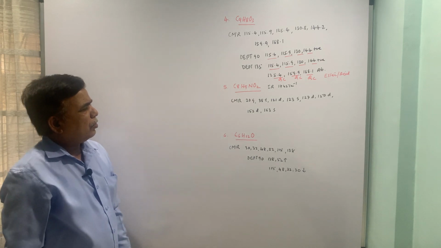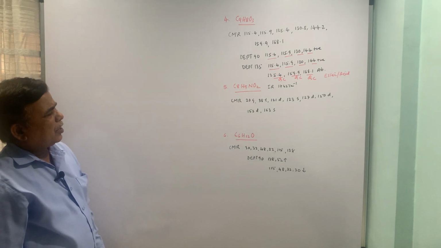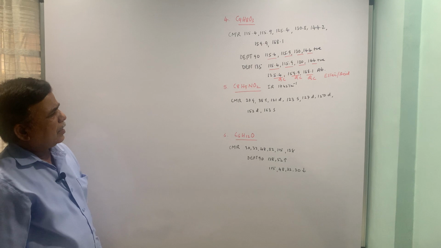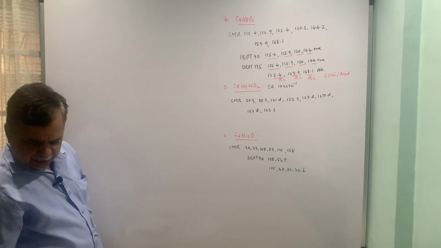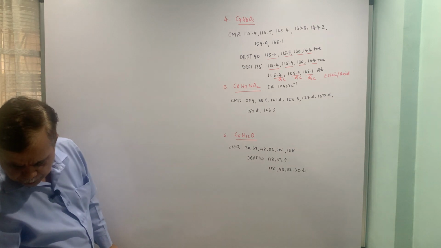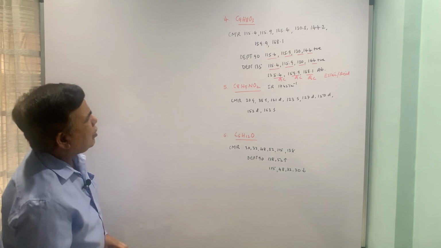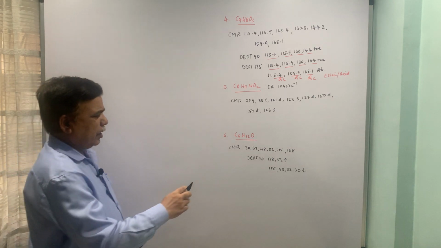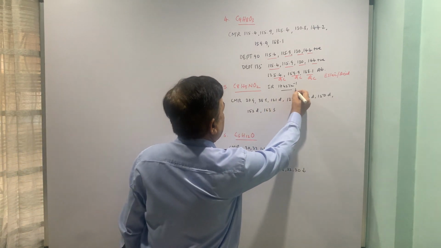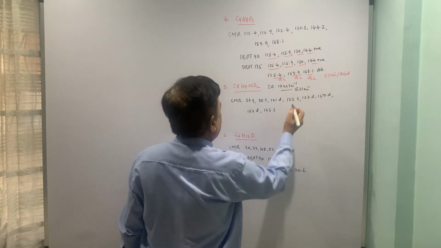Okay. Moving on to the next one, C9H10. So 5 sites of unsaturation are there in the next compound. IR 1745 suggests ester. This is without any problem.